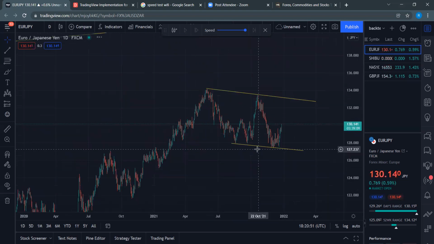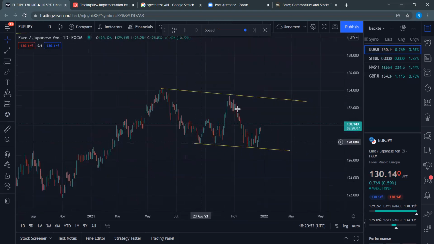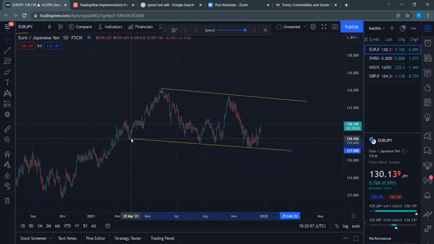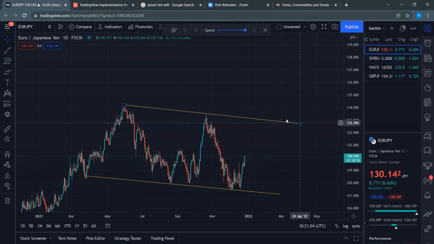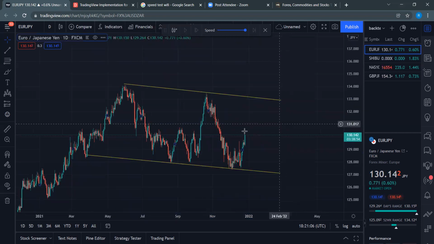So we had this impulse, and then we have this correction. Okay, that's the correction. And from there, everything becomes clearer now, because you know where we are going. We are going to the upside.